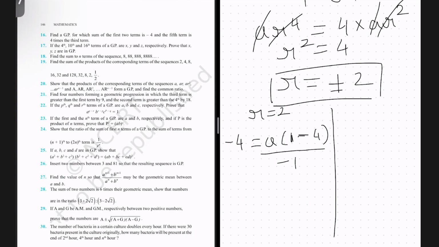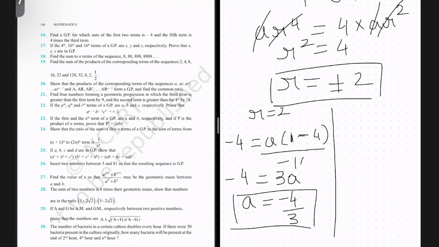So multiplying that, what you finally get is minus 4 equals 3a, correct? I've just cancelled minus 1 off and reversed the sign of the numerator. So I have 3a equal to minus 4, and a would then be minus 4 by 3, right?